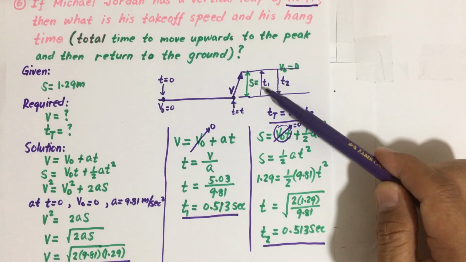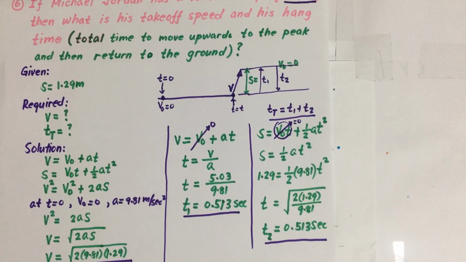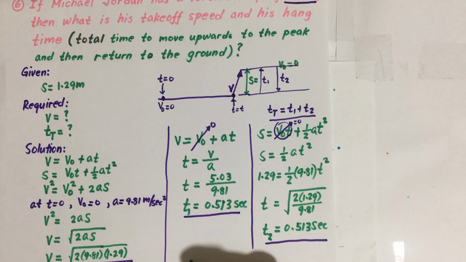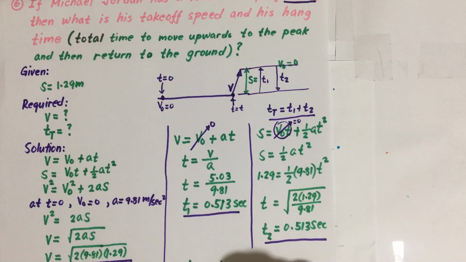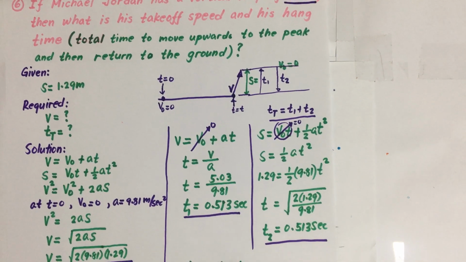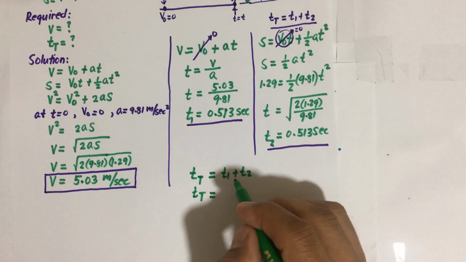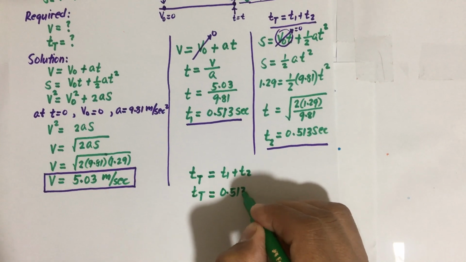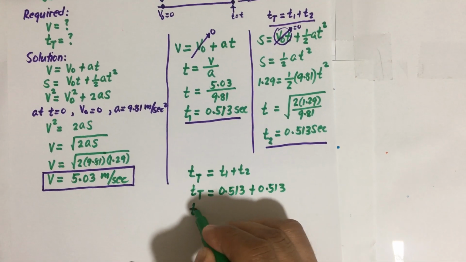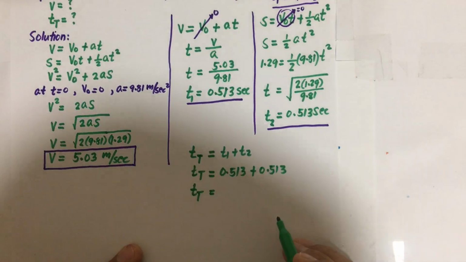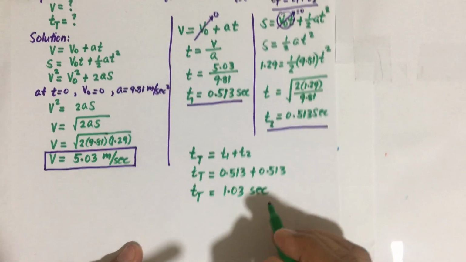So that is the sum of the two times, time 1 and time 2. Therefore the total time, or hang time, T sub T equals T1 plus T2, which is 0.513 plus 0.513 seconds. So the total hang time is equal to 1.03 seconds.